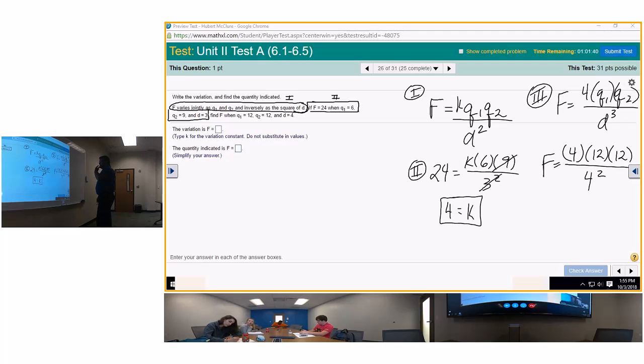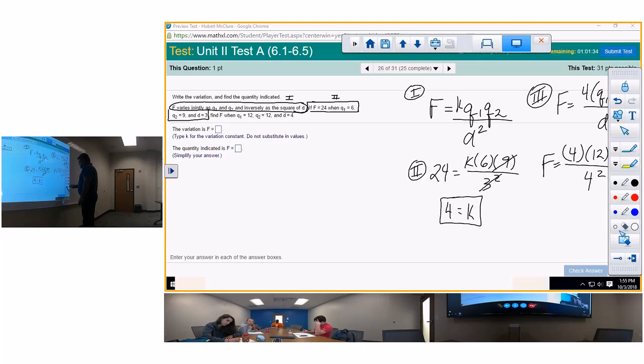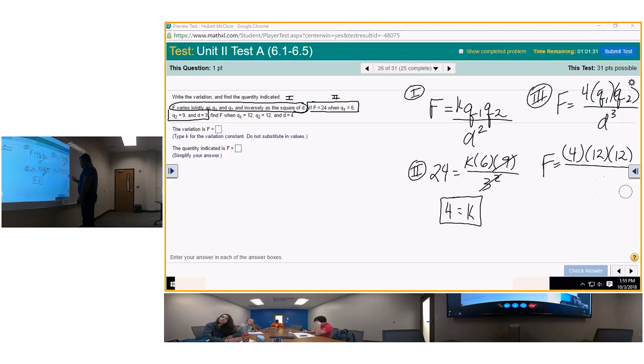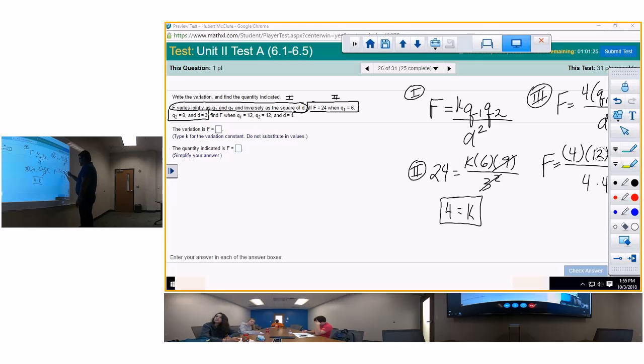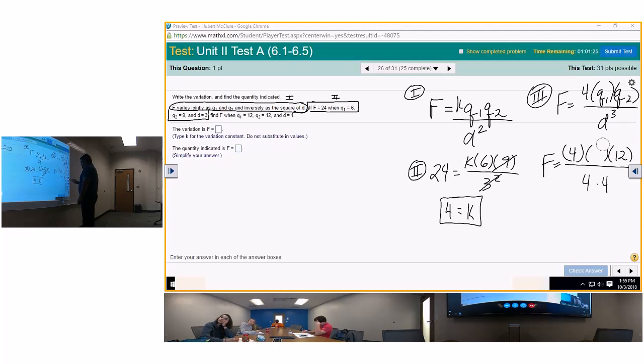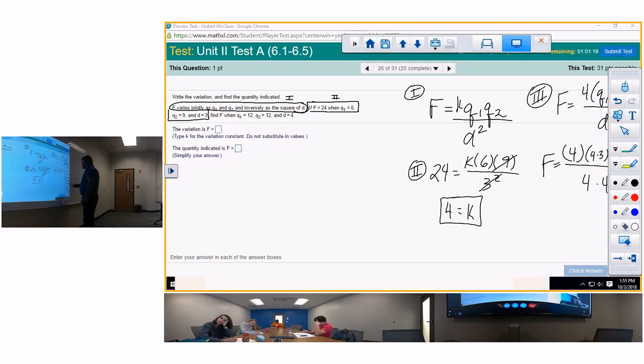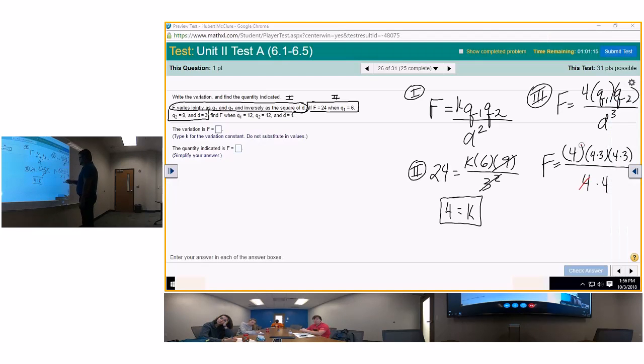Well, one of these 4s will cancel here, right? I'm just going to do this for you because I believe in the brain more than I do the calculator. And then I'm going to change this into 4 times 3 and 4 times 3. And then what happens to this 4? That 4 cancels there, and this 4 cancels there.